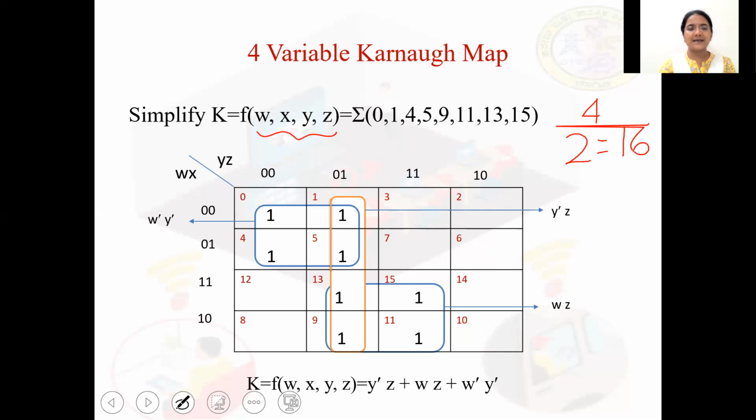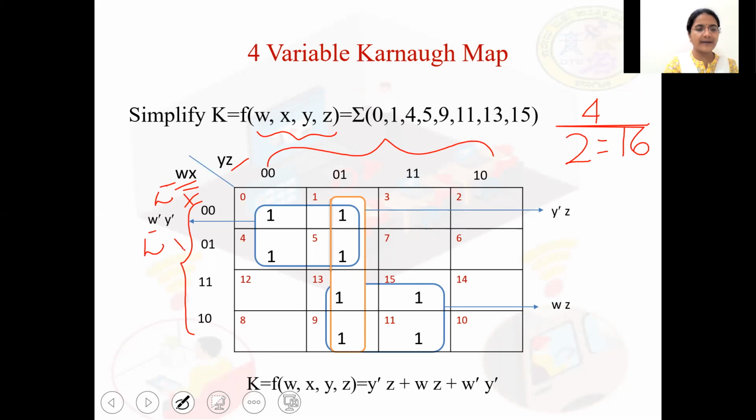So how many cells should we have in the k map? 16 cells. We have to write 16 cells in the rectangle, and then afterwards we have to write the MSB and LSB bits, and then binary values. Instead of binary values, we can also write the variables. In terms of variables, we can write W bar X bar, W bar X, WX, and then WX bar.